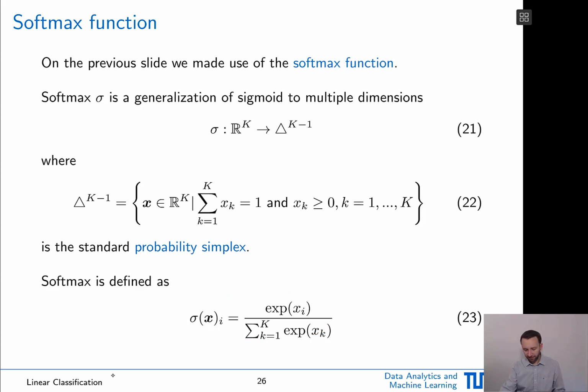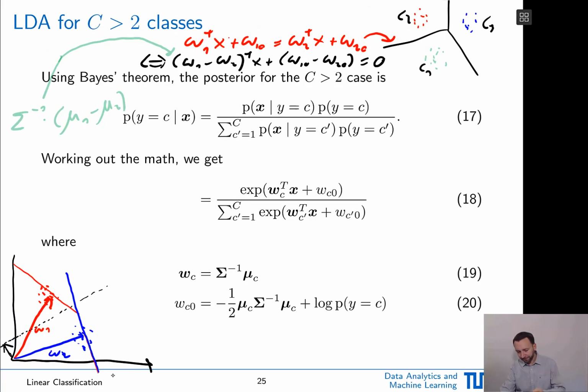The softmax function usually takes a vector as an input, and what it does is it takes every component of this vector, e to the power of this component, and it normalizes it by the sum of these elements. So this is the softmax function.